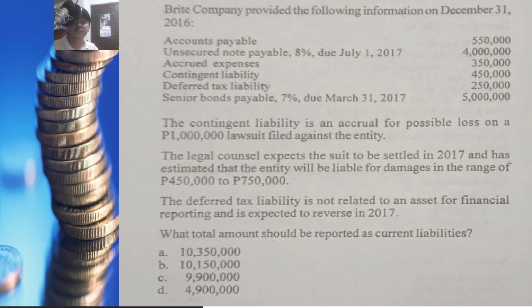Additional information, the contingent liability is an accrual for a possible loss on a 1 million lawsuit filed against the entity. The legal counsel expected that the suit to be settled in 2017 and has estimated that the entity will be liable for damages in the range of 450 to 750,000.